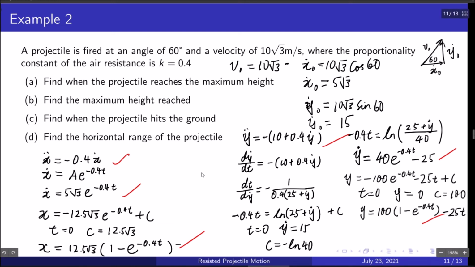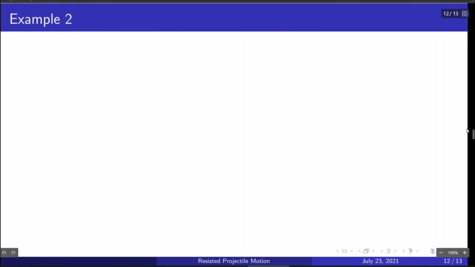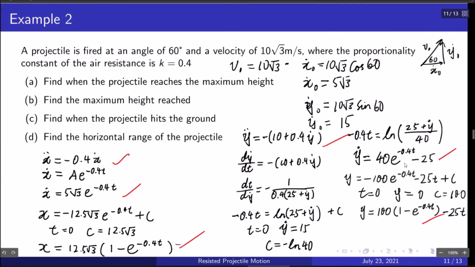Okay, so next one, maximum height. Obviously, at maximum height, y dot equals 0. There's no longer any velocity going upwards, so we can just replace it in our velocity equation.